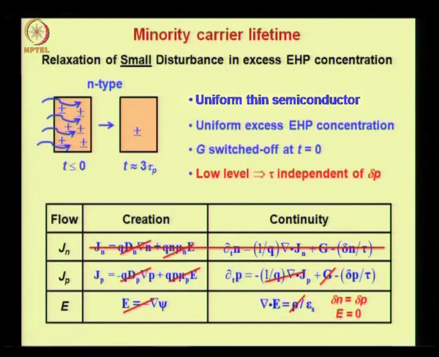Now finally low level conditions. So what implication does this have? It is because of low level conditions that the time constant tau entering in this term here is independent of the excess carrier concentration.